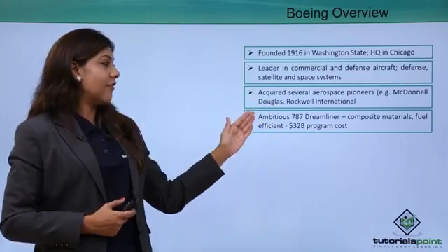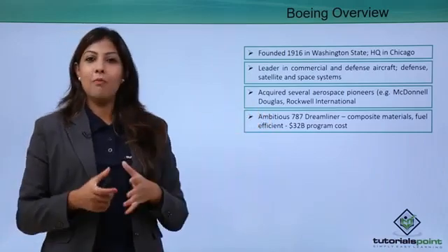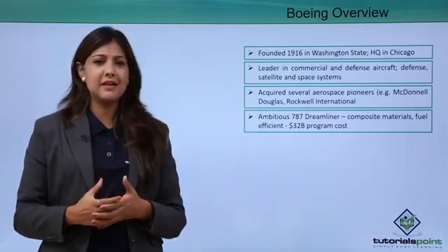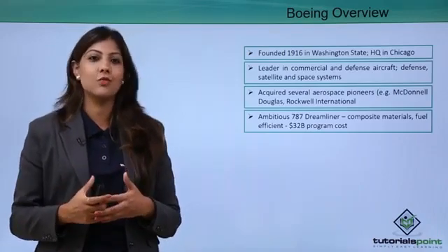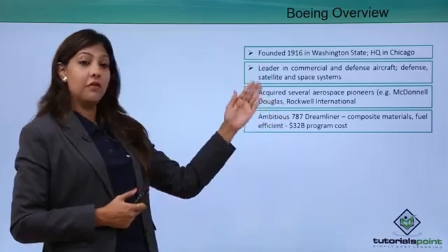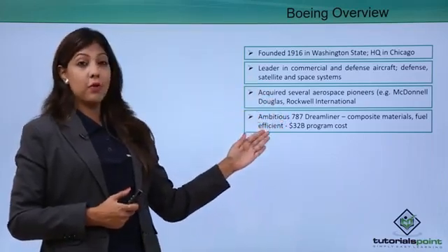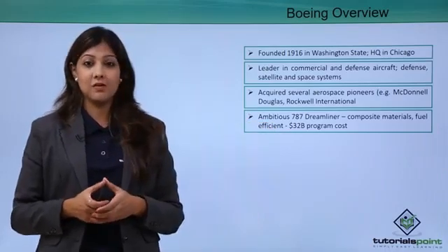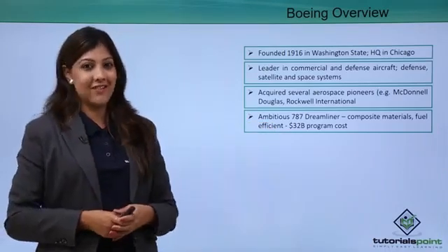It is an ambitious 787 Dreamliner. Boeing 787 is a Dreamliner which is humongous, and it's so huge that when one looks at it, one just falls in love with this aircraft. It has composite material, is fuel efficient, and the program cost is $32 million, and that's the cost of Boeing 787.